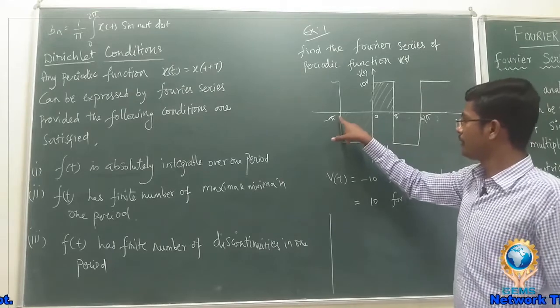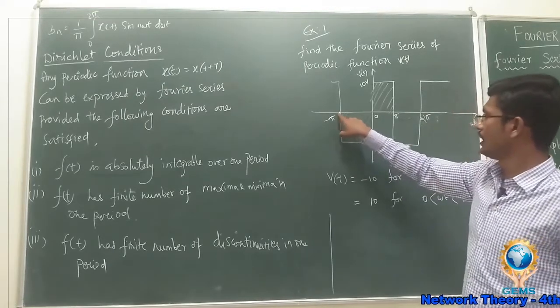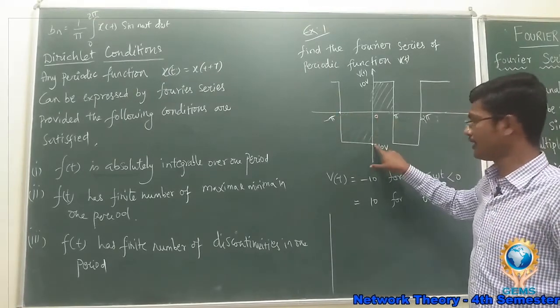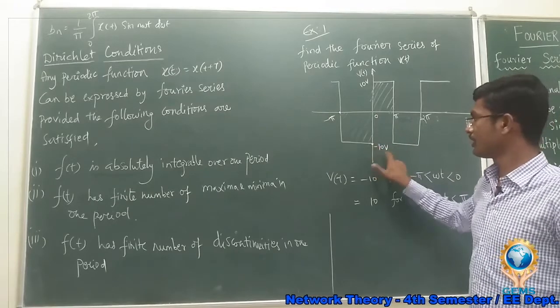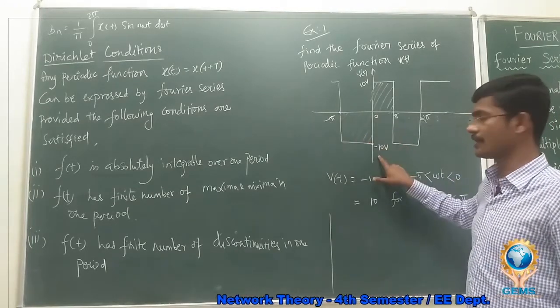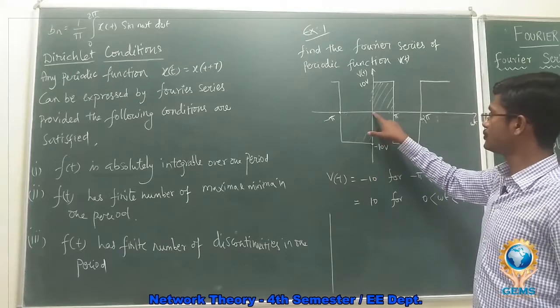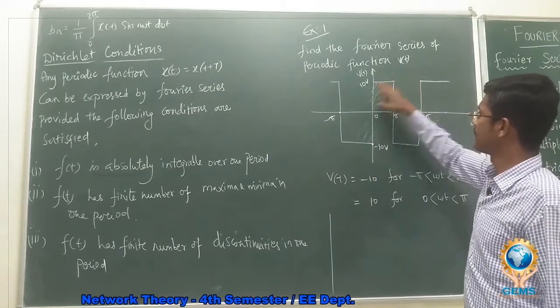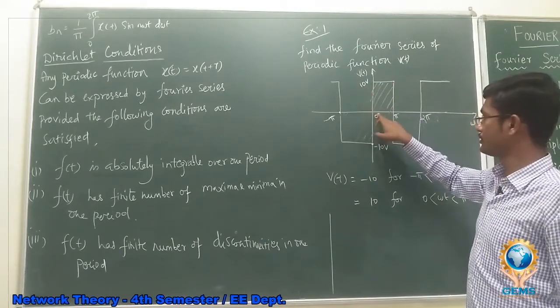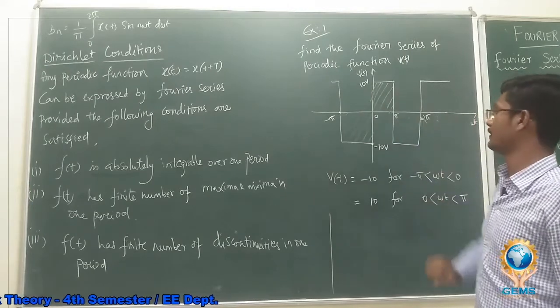Here if you observe, from minus pi to 0 the value is minus 10 volts. After 0 to pi, the voltage is 10 volts.